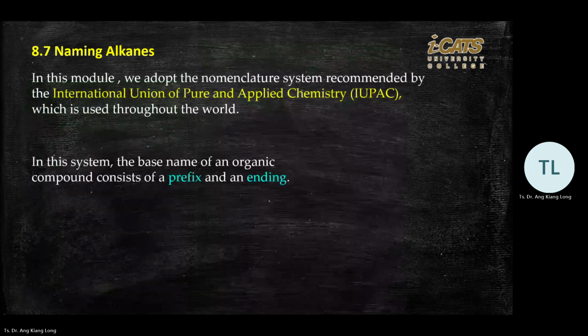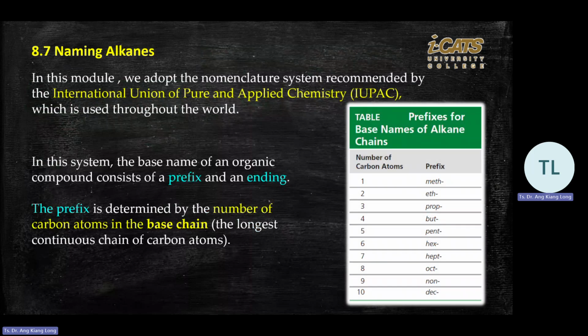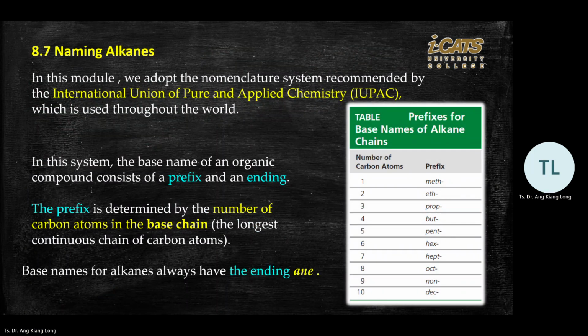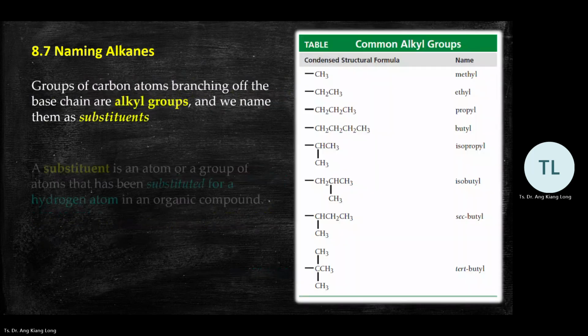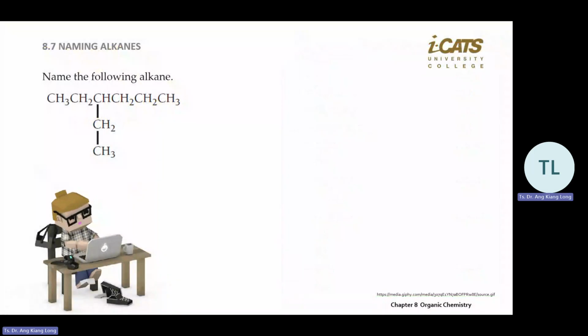Okay. So now it's numbering. Let's look at this. You need to look side by side at the table that I give you, right? Especially the red table. So first is count carbon. Ignore the branch. First step, don't look at the branch. Calculate the longest chain, right?